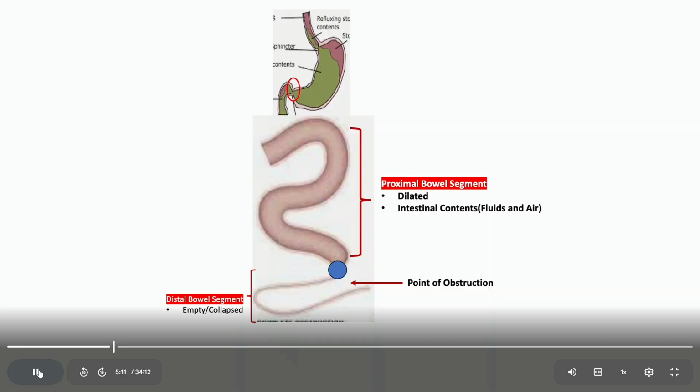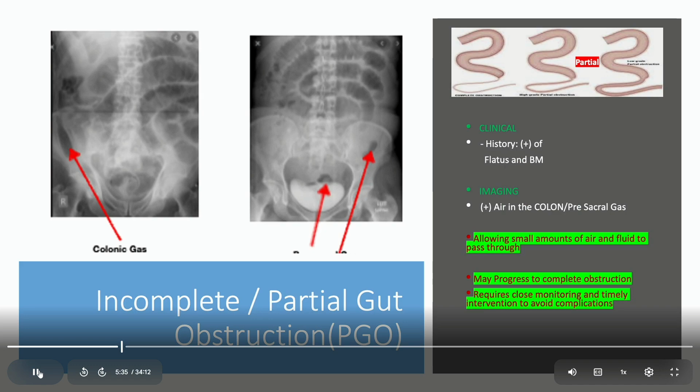Thus, this accumulated intestinal fluid flows back up to the stomach, and comes out as bilious or greenish vomitus. The distal intestinal segment is the segment after the point of obstruction and is characterized as collapsed due to the absence of intestinal contents.